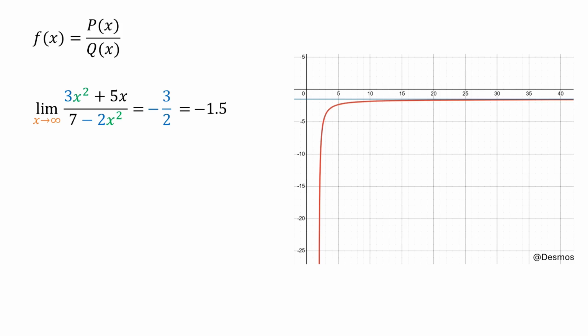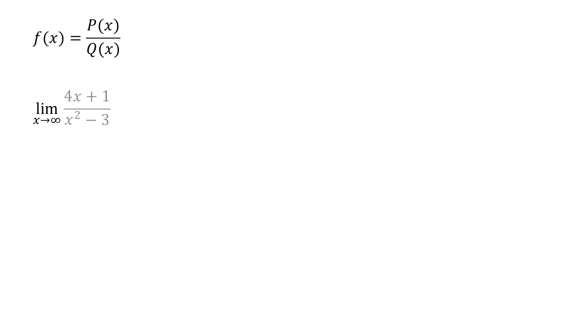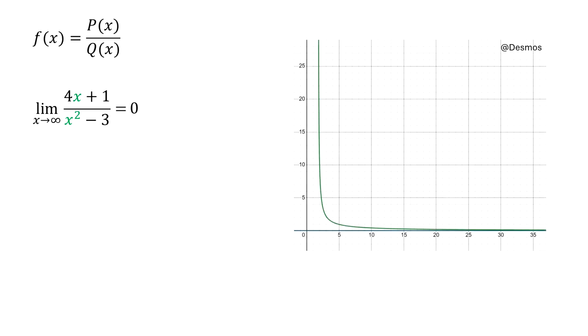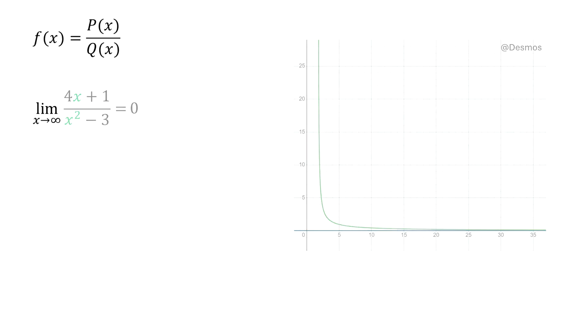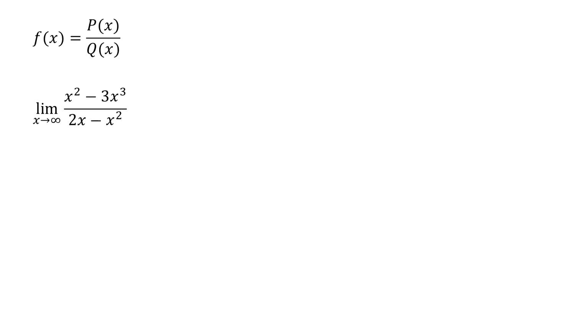We can now look at the two other cases. In the first, the polynomial q has higher degree than p. This means that q grows faster than p. That is, the limit is 0. Our second rule. In the next example, we have the inverse. p has higher degree than q.